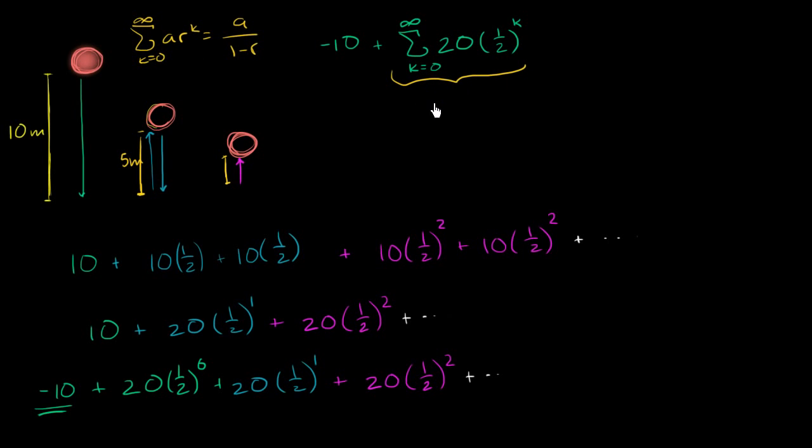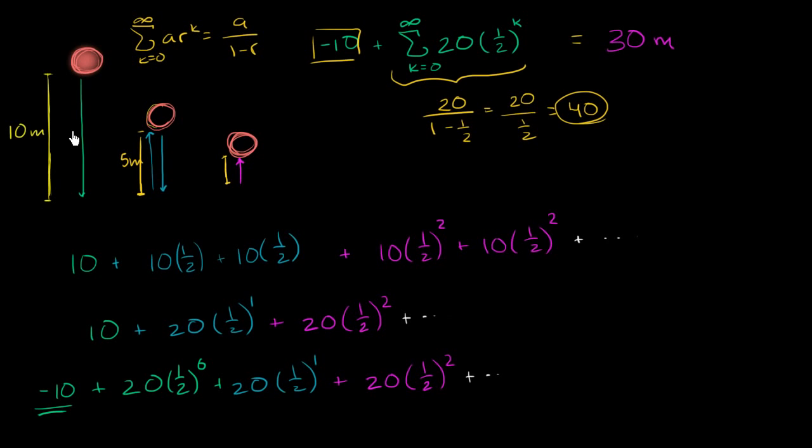This is going to be equal to 20 over 1 minus 1/2, which is the same thing as 20 over 1/2, which is the same thing as 20 times 2, or 40. So what's the total vertical distance that our ball travels? It's going to be -10 plus 40, which is equal to 30 meters. Our total vertical distance that the ball travels is 30 meters.